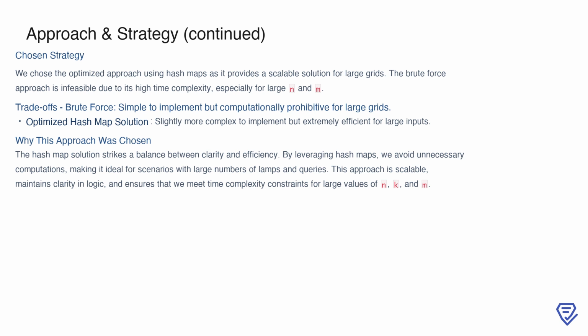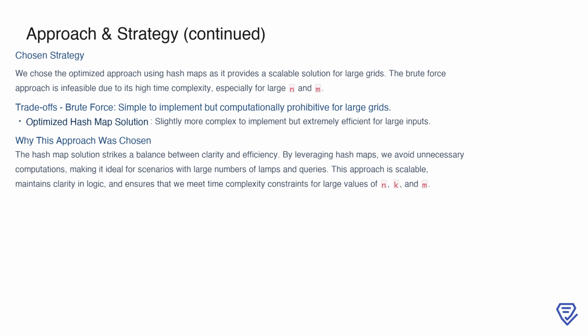It provides a scalable solution that efficiently handles large grids with many lamps and queries. While the brute force approach is conceptually simple and straightforward to implement, its computational cost makes it impractical for larger inputs. On the other hand, the hash map solution introduces a slight increase in implementation complexity but offers substantial performance benefits.